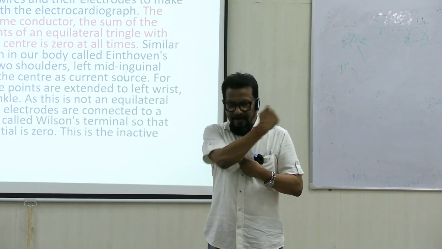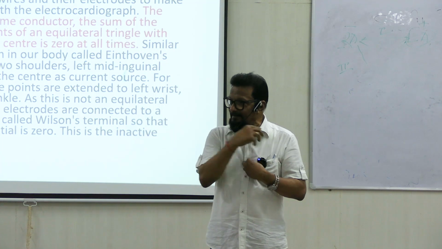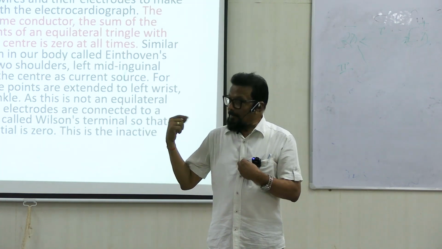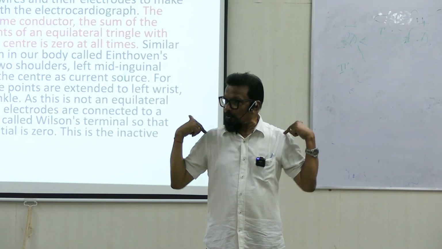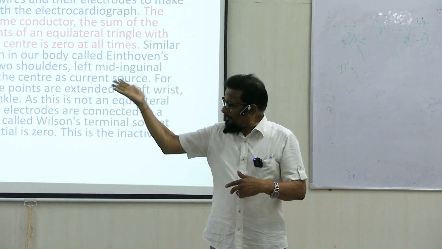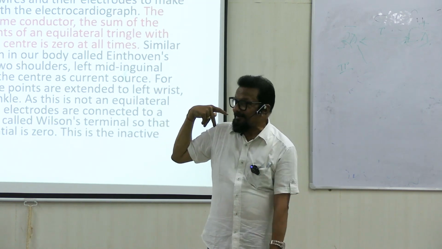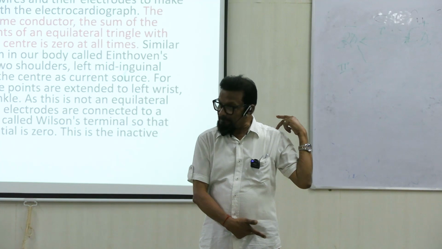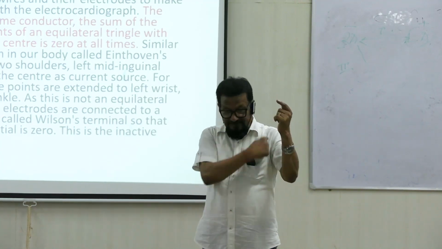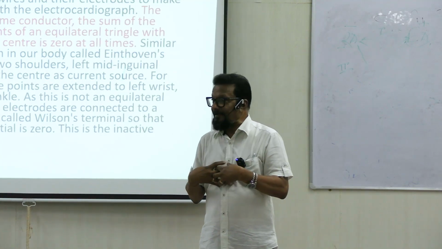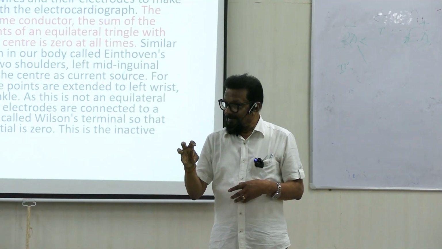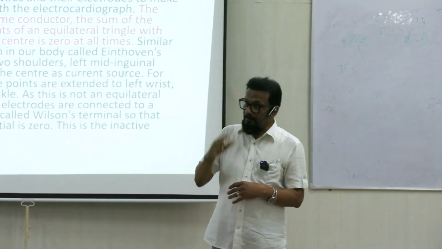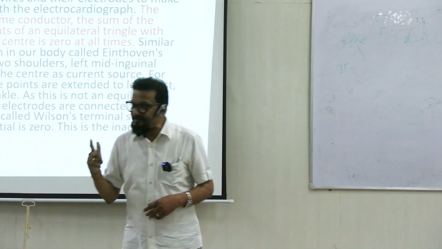We can draw this triangle by connecting both arms, which is lead 1, connecting the left arm and left leg, which is lead 2, and connecting the left leg to the left arm, which is lead 3. So this is a triangle, and at the center of the triangle is the heart. Now, Einthoven's law, what does it state?